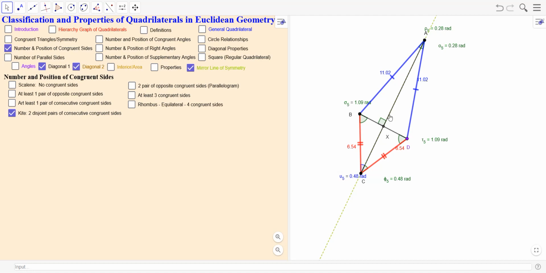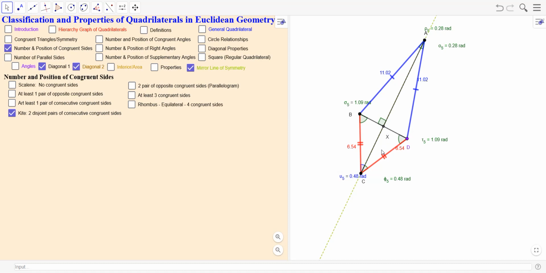So in fact, we prove that the line containing the major diagonal intersects the minor diagonal in a right angle. It's perpendicular. Furthermore, when we look at the triangle BXC and the triangle DXC, they're congruent, so that makes BX and DX congruent, as we saw a while ago with our measurements.